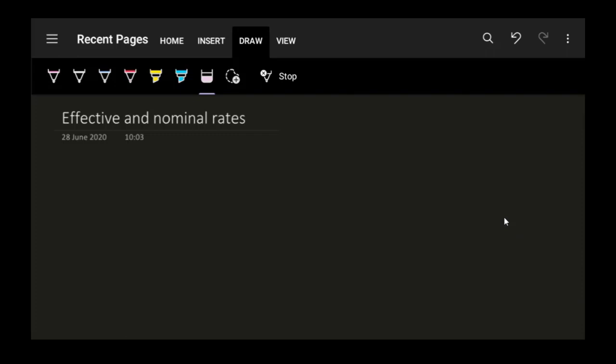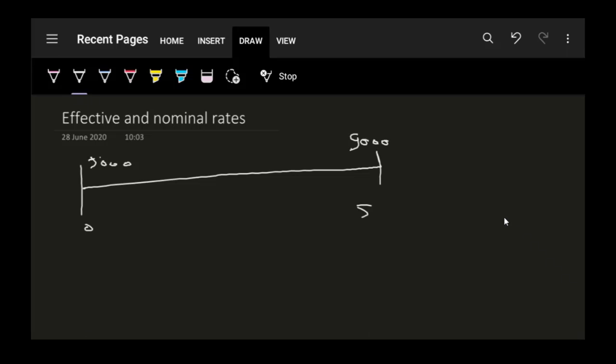The effective rate can be calculated for any time duration. To calculate the effective interest rate for any time period, you just need the value of the money at the starting and the ending point. Suppose I invested 5000 rupees at time 0 and got 9000 rupees at time 5, in 5 years time.